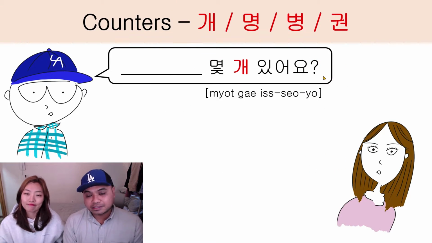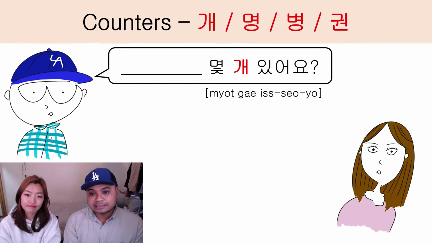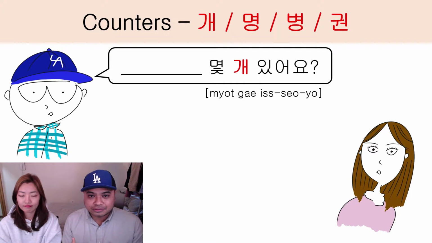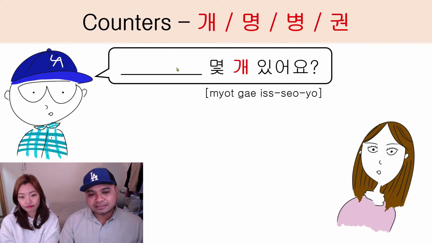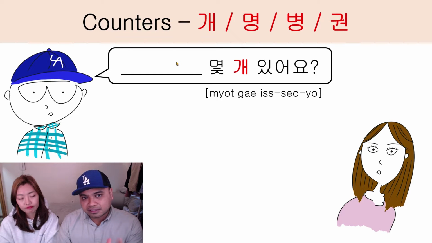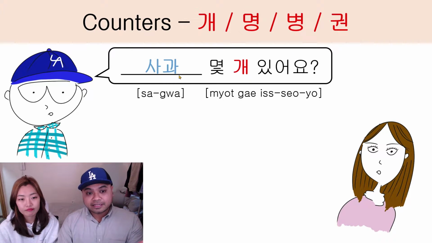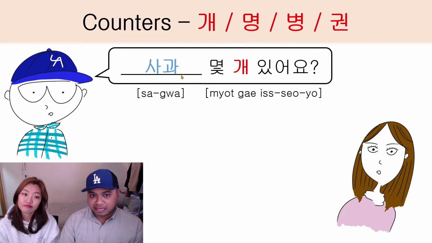I have a question here. This is like when you're asking, how many something do you have? So we have this sentence here. Now, the first part of the sentence, you need to put whatever you're counting, the noun. So right here, I have 사과. 사과 is apple.